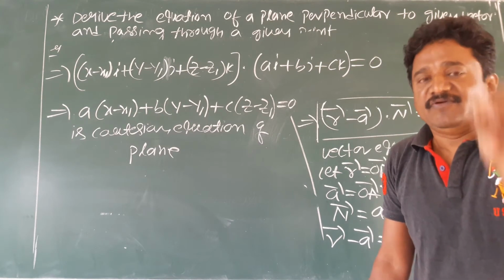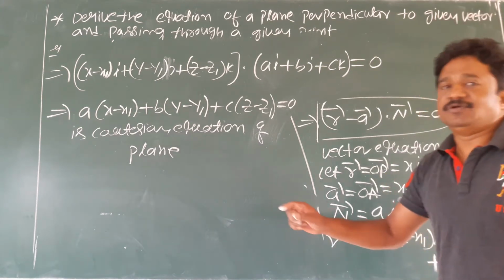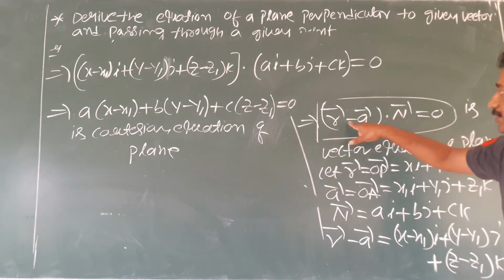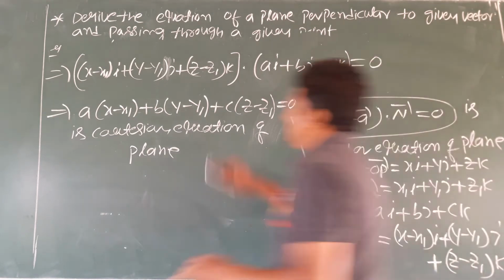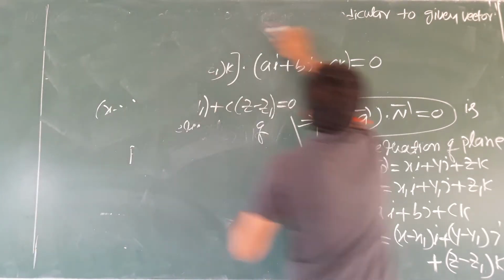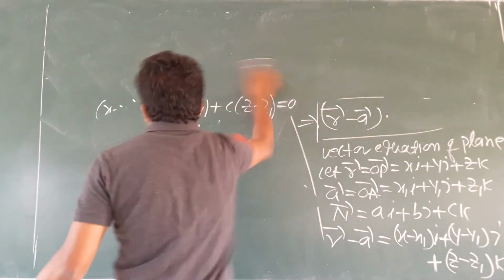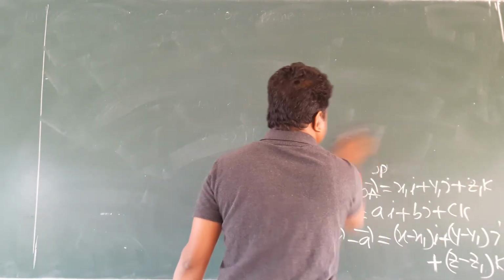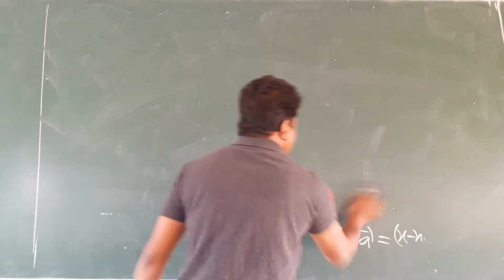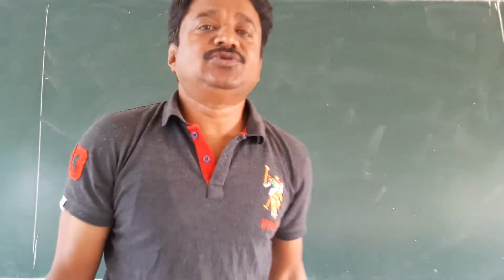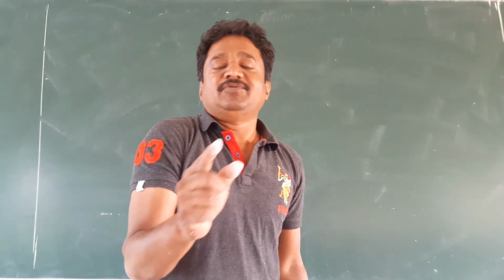The equation of the plane is (r minus a) dot n equals 0. Remember it like this, students. First let us complete deriving one more standard equation of the plane.